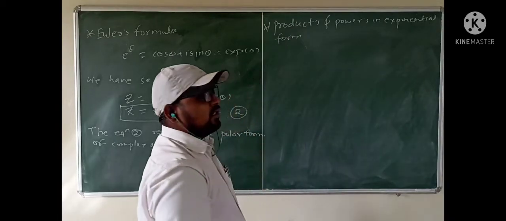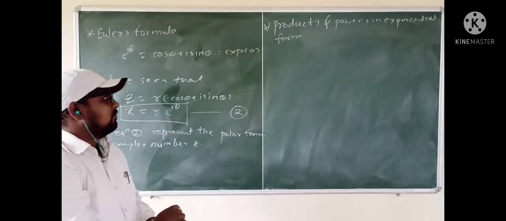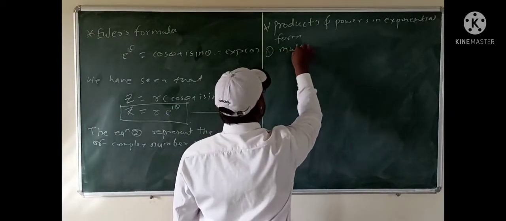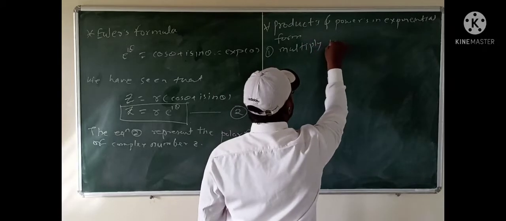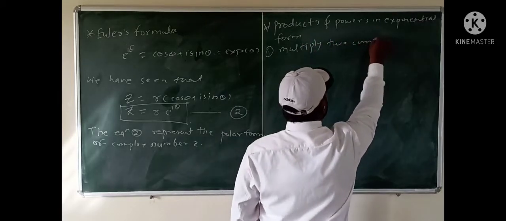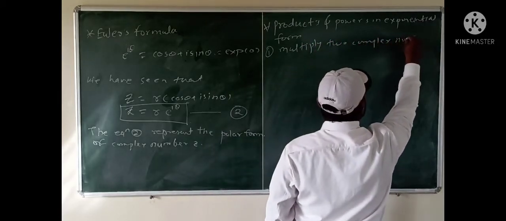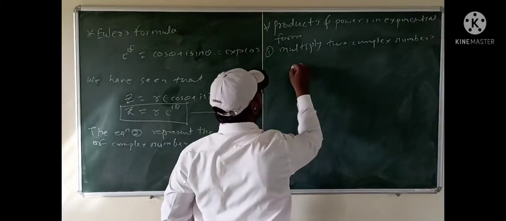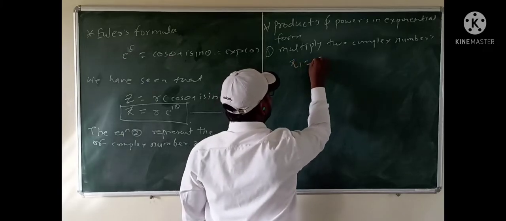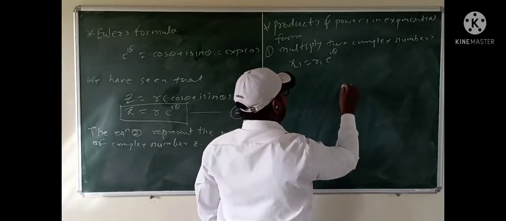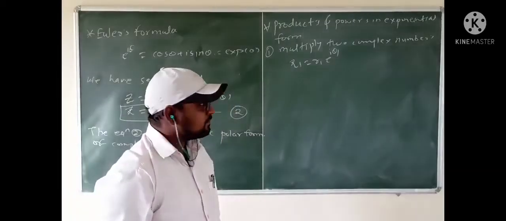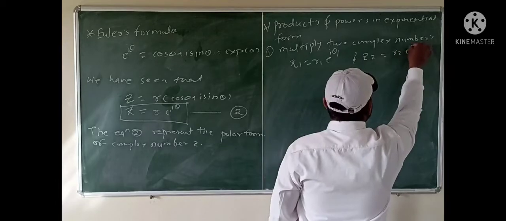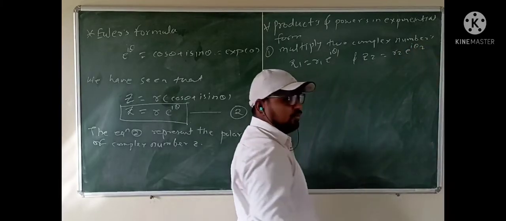If we multiply two complex numbers, suppose z1 is equal to r1 e raised to i theta 1, and z2 is equal to r2 e raised to i theta 2.